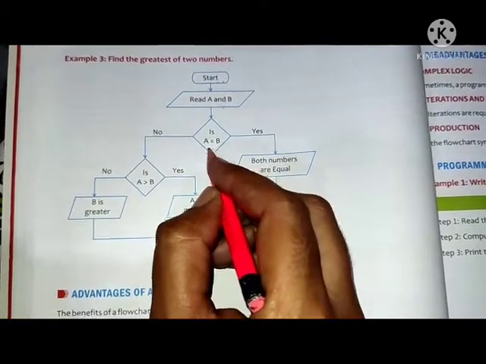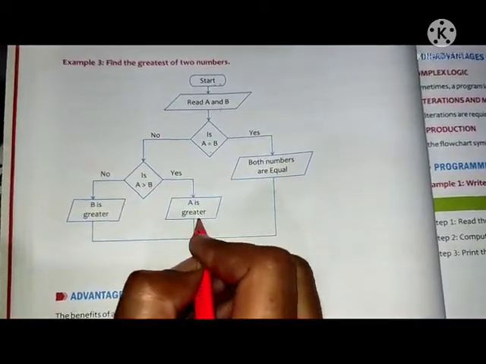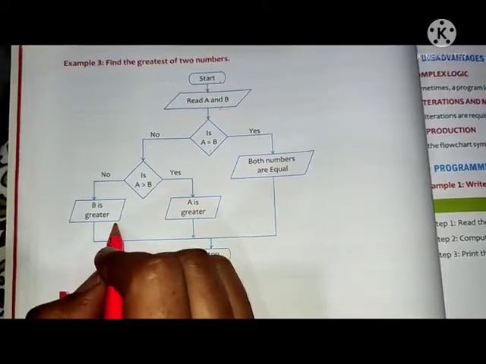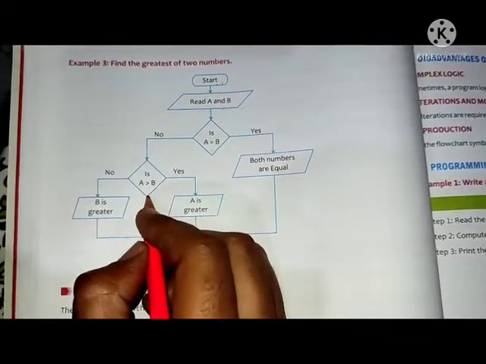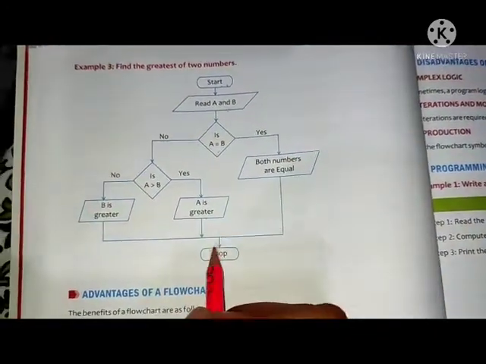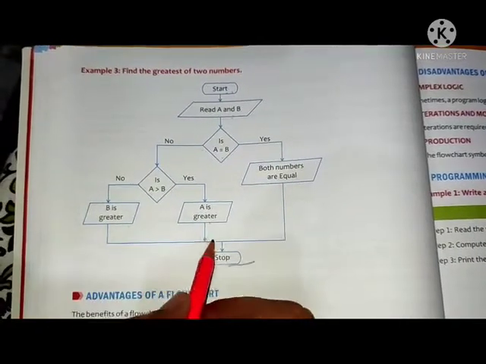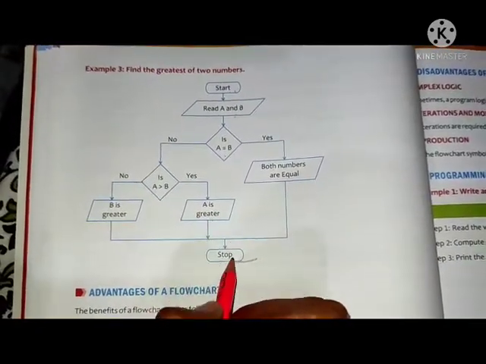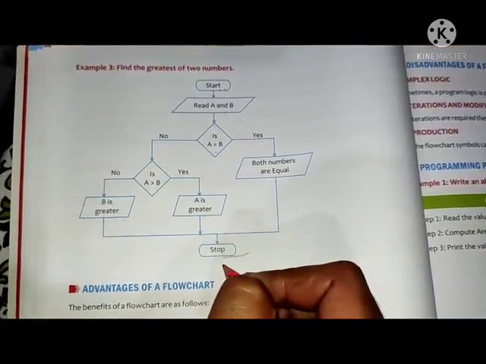If both are not equal, then we have to check is A greater than B. If yes, then A is greater. If no, B is greater. So here we have to take a decision, so that's why we are using the decision box. And at the end there is only one stop. If B is greater, then it is stopped. If A is greater, then it is stopped. And if both are equal, then it is stopped at the one end.